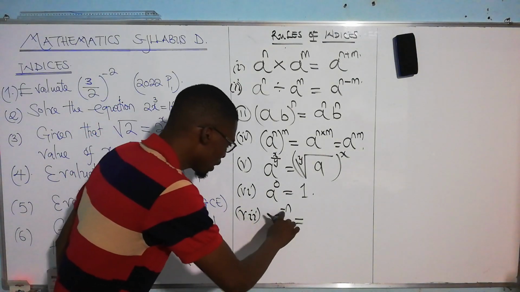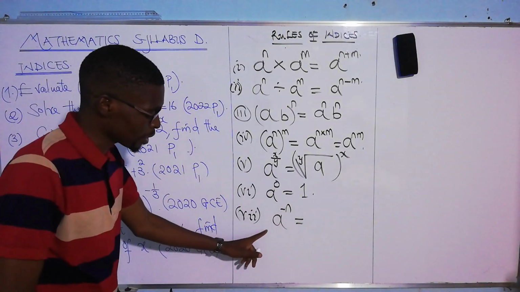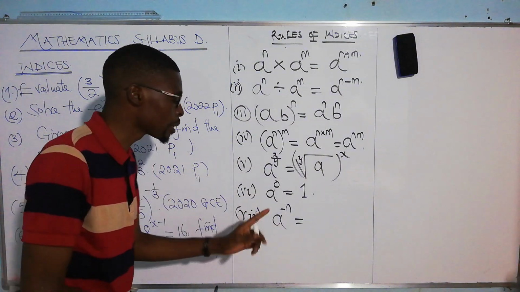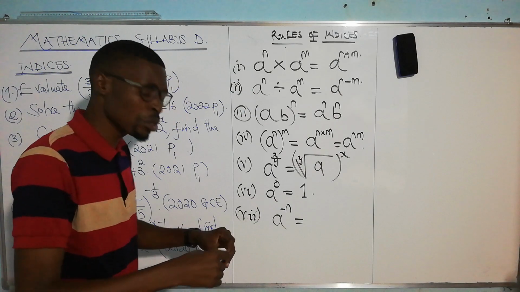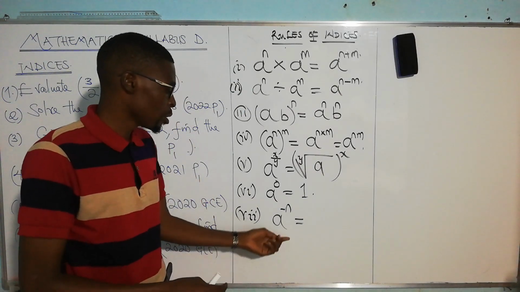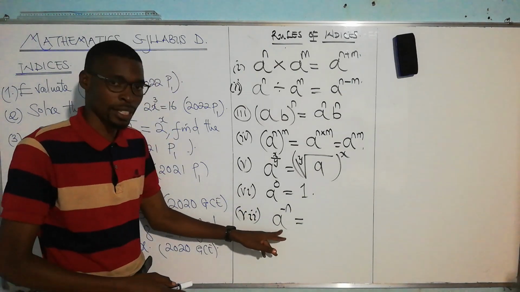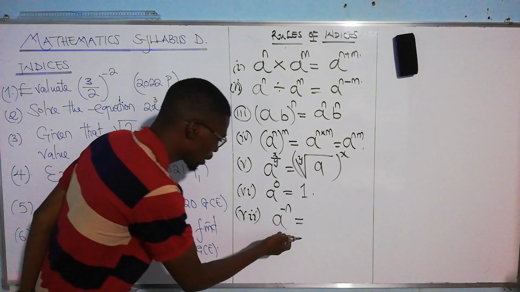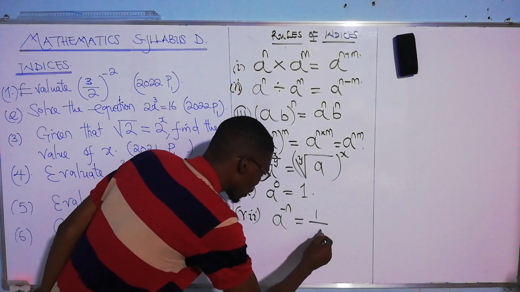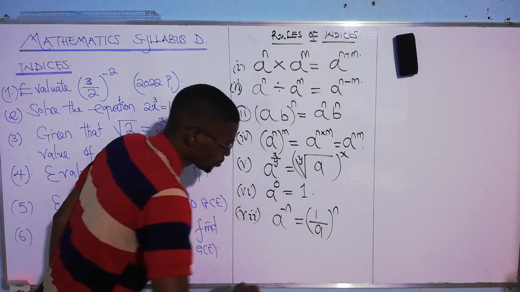You know the meaning of reciprocating the base: you get the multiplicative inverse of the base. So the base is a. The multiplicative inverse of a is 1 over a, then raised to power n.